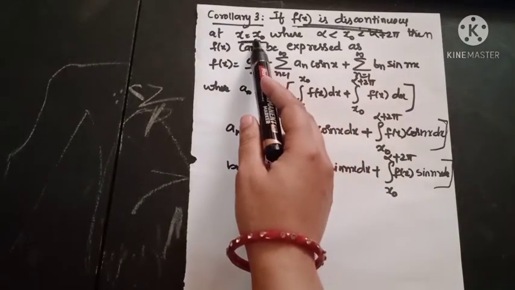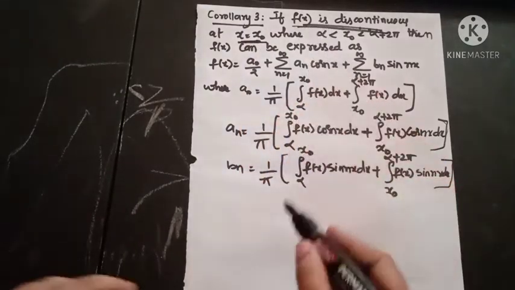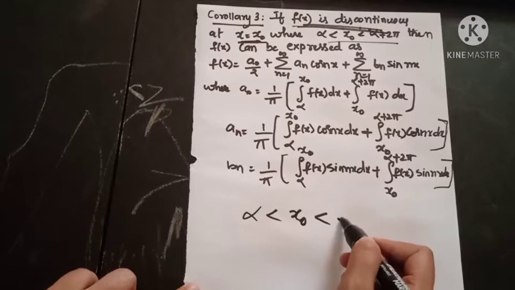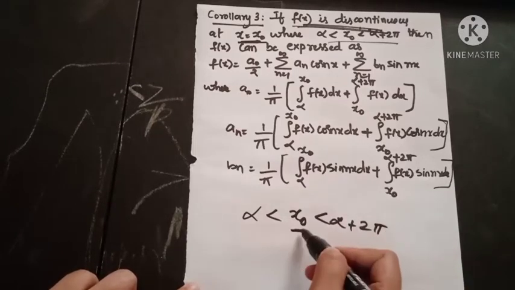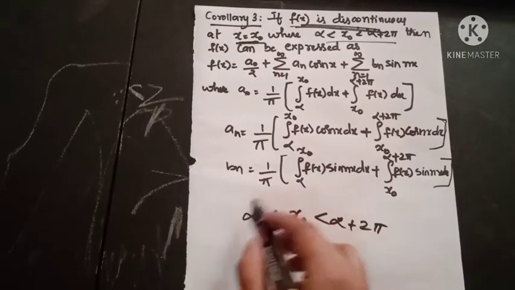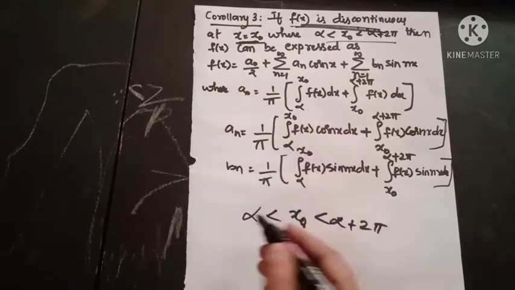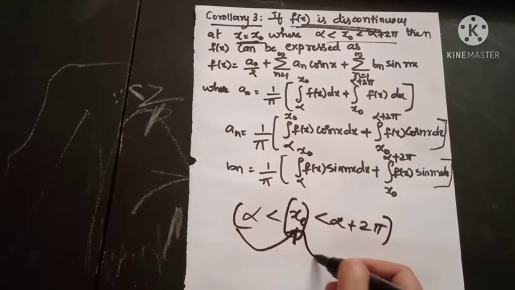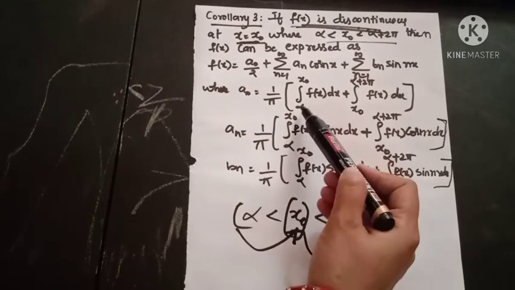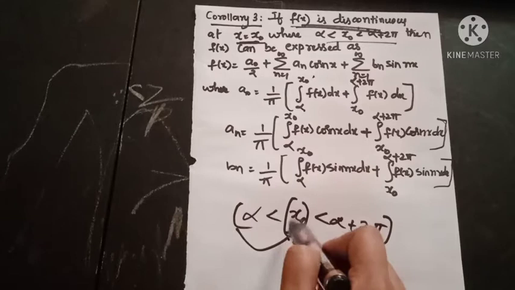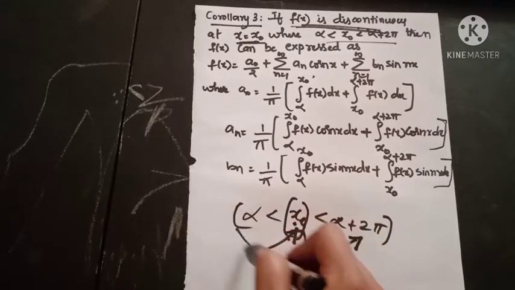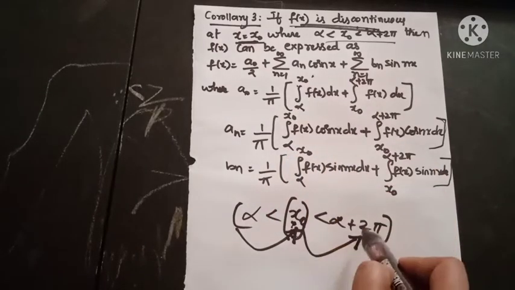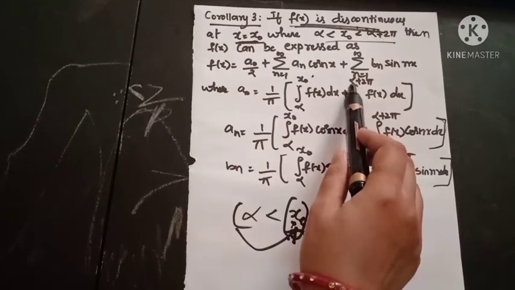If we know the point of discontinuity of this function, and it lies within this interval alpha to alpha plus 2 pi, then we can split this interval into alpha to x naught and x naught to alpha plus 2 pi.